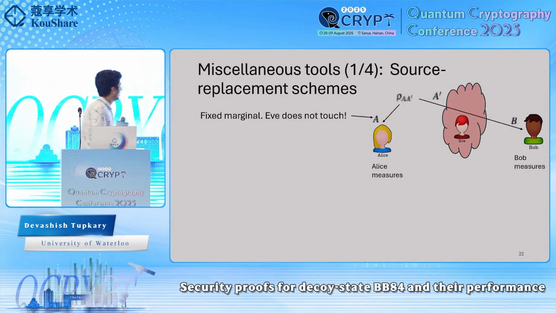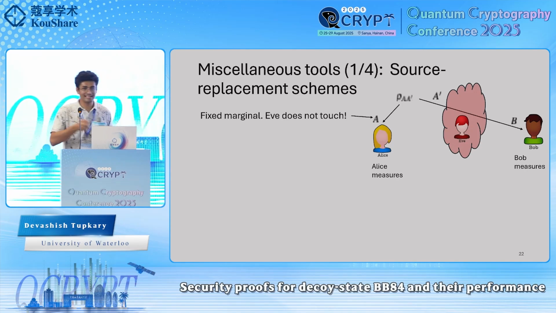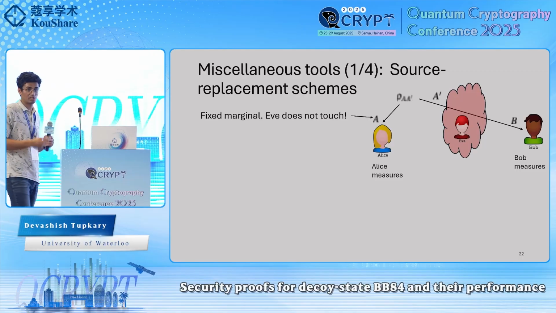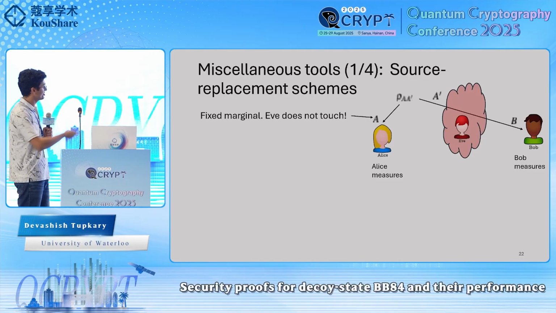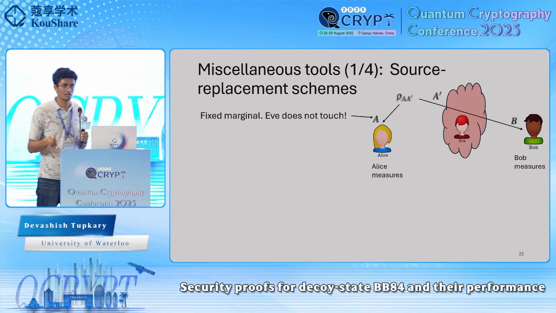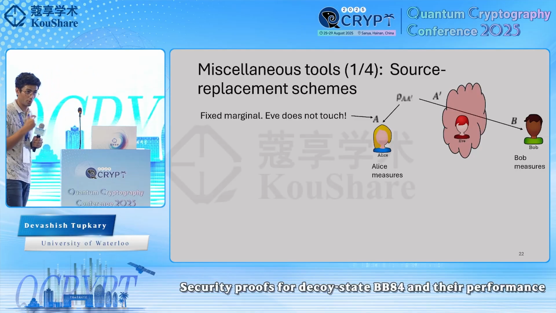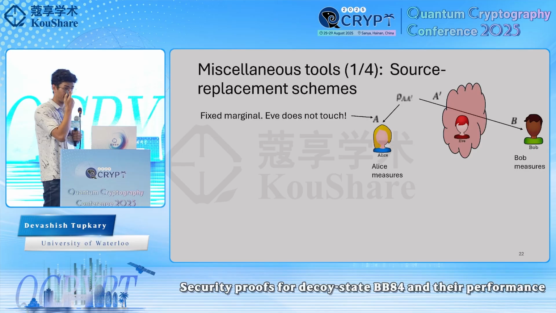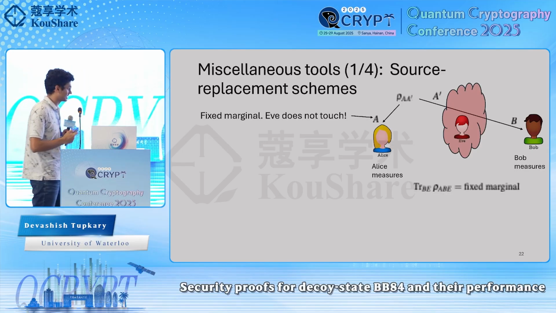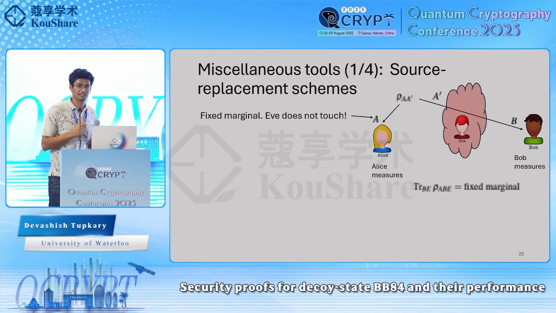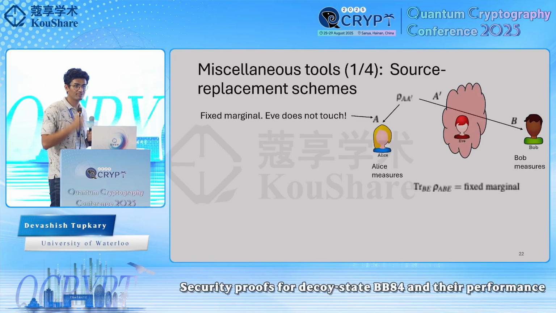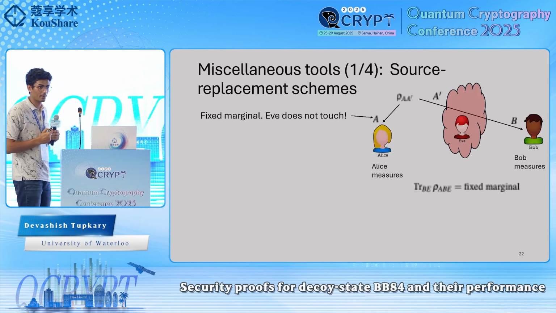Okay, so we want to analyze scenarios that look like this, where we can notice that the A system never leaves Alice's lab, so Eve never gets to touch it, which means that the marginal on A that she has prepared is going to be the same. Right? Eve can't influence what rho A looks like, no matter what she does to A prime. So in this scenario, whatever Alice, Bob, Eve state we get, when we trace out Bob and Eve, we know what that thing is going to look like.